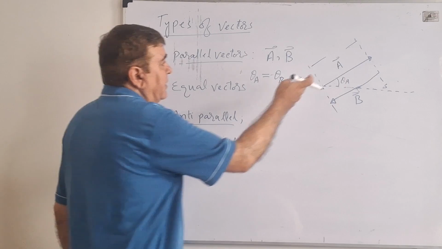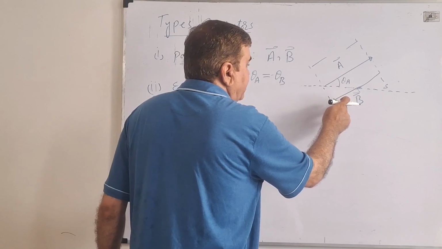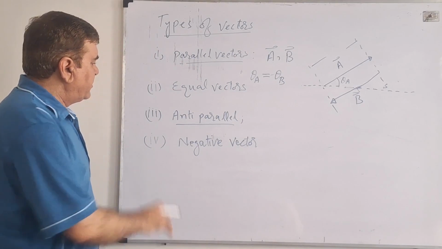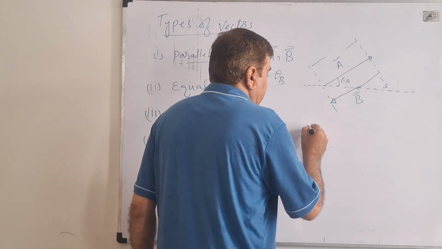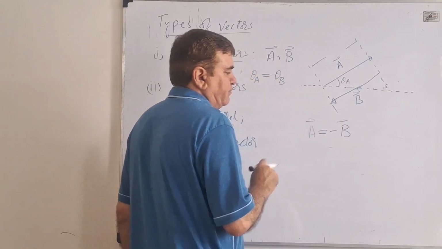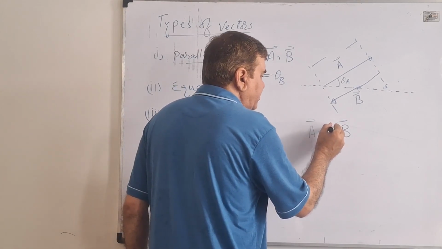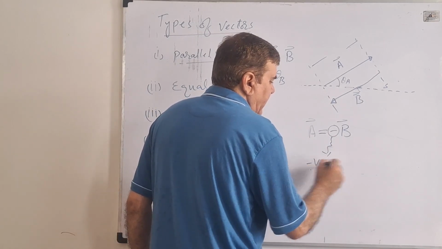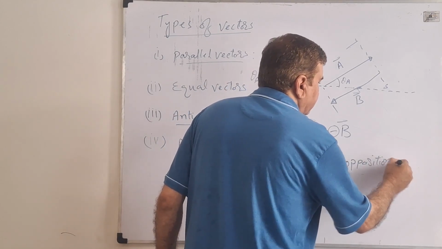And obviously B is antiparallel to A with an additional condition that the magnitude of B is exactly equal to A. So two vectors are said to be the negative of each other, and for algebraic purposes, a negative vector is written with a minus sign. So A equals B, but opposite in direction. So the opposition in direction is represented with a negative sign. The negative sign indicates opposition in direction.